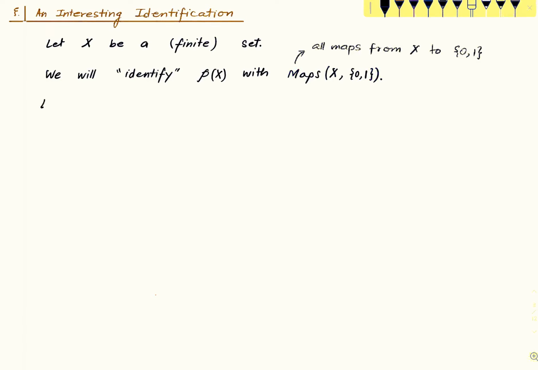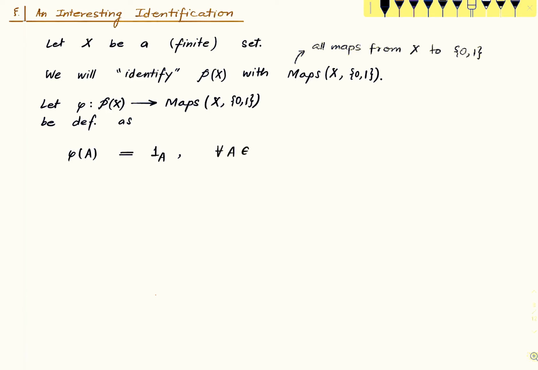Let phi from the power set to this be defined as phi of A is the indicator function of A for all A in the power set, meaning all subsets of X. So that's our map. It takes a subset of X and outputs the corresponding indicator function.